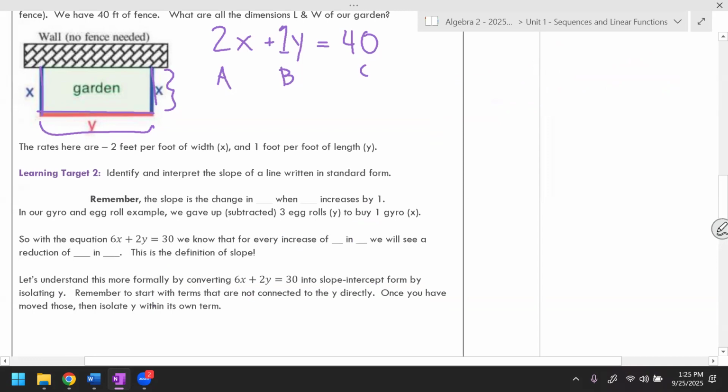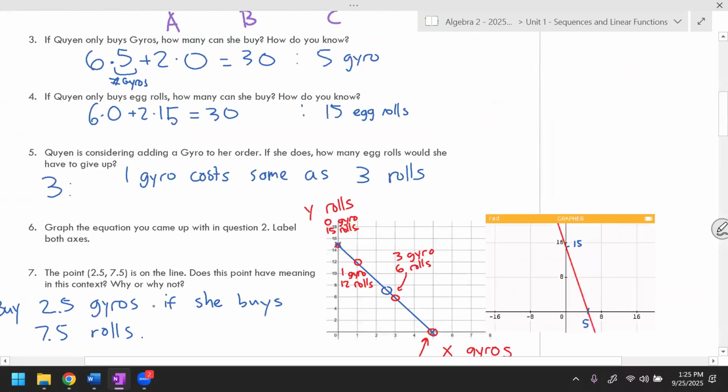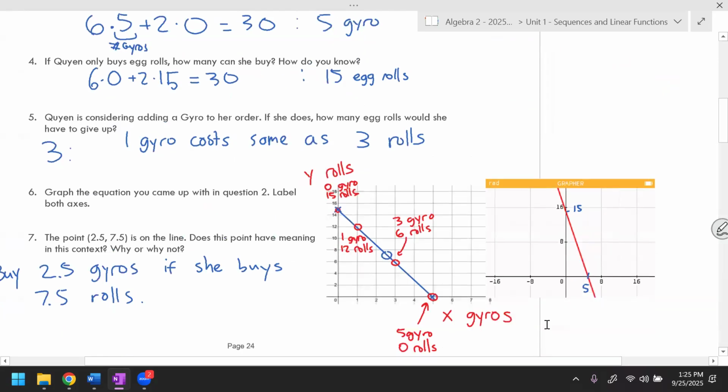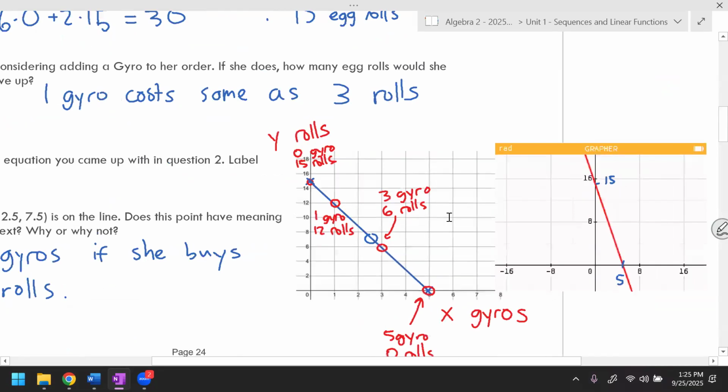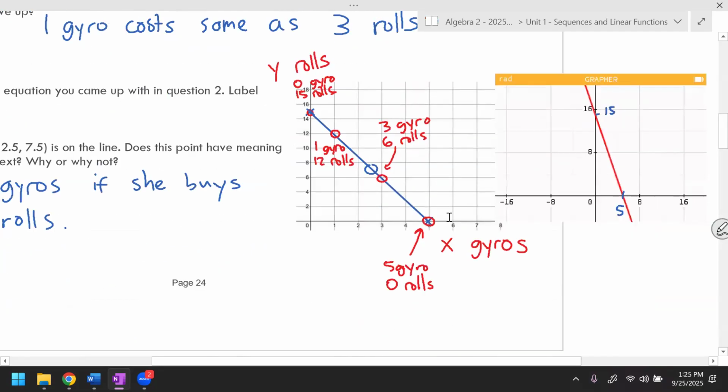Now, as we saw, we can take these equations and still graph them. And graphs of lines have things like slopes and intercepts, and we have to know what those still mean. Here, can you see what the slope is? What was the slope for this line with the gyros and the egg rolls? Lila, can you see it?